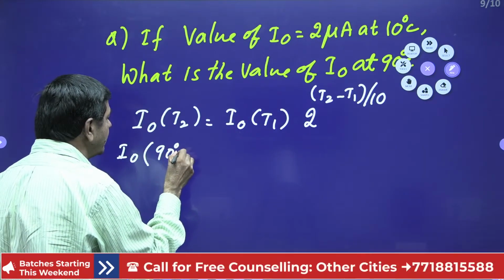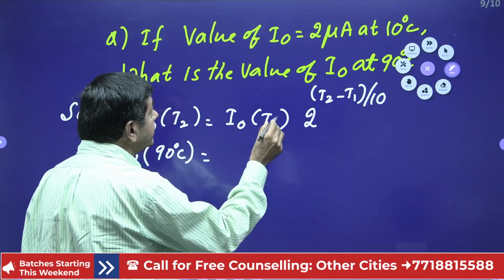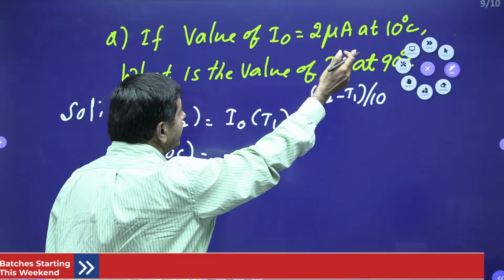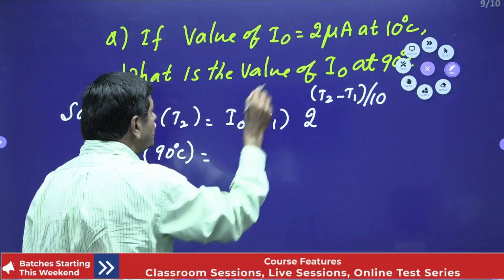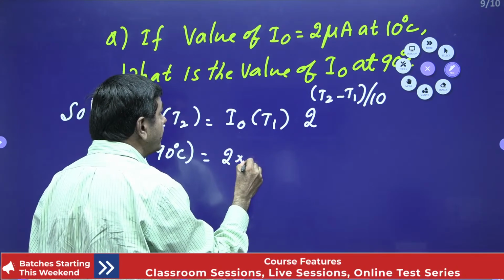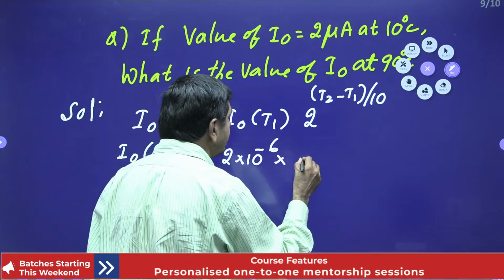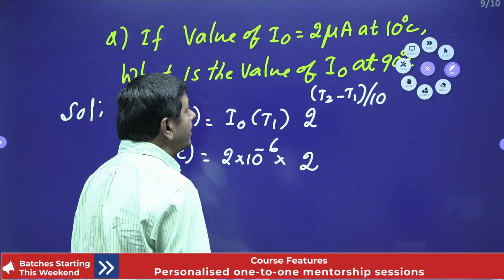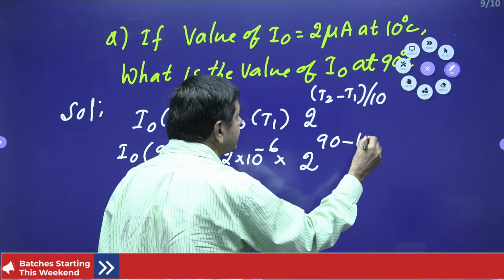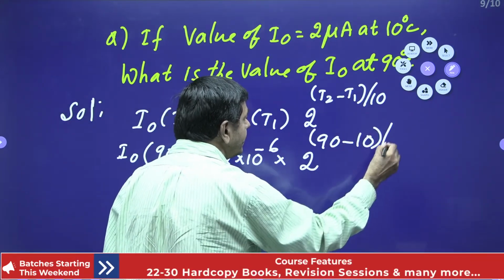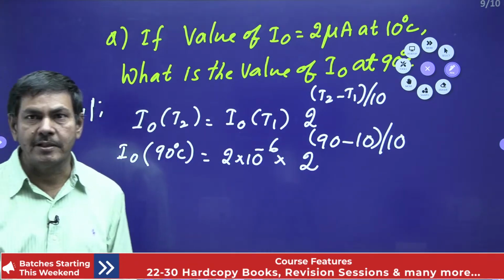I naught at T1 is given as 2 microamperes. So 2 into 10 power minus 6, into 2 power (T2 minus T1) by 10, where T2 is 90 and T1 is 10. Direct substitution in the problem.